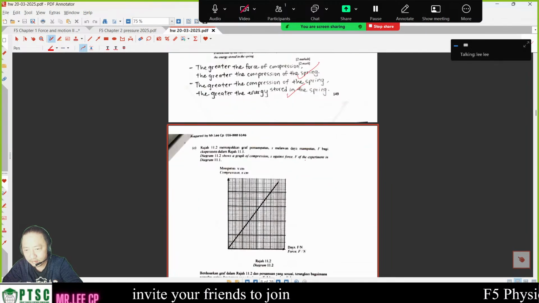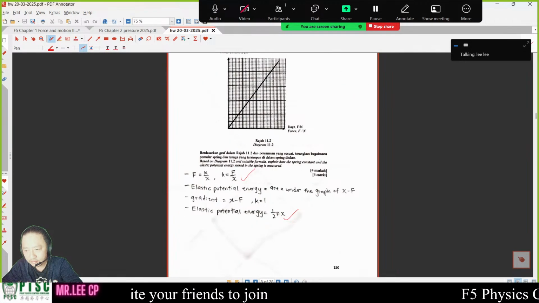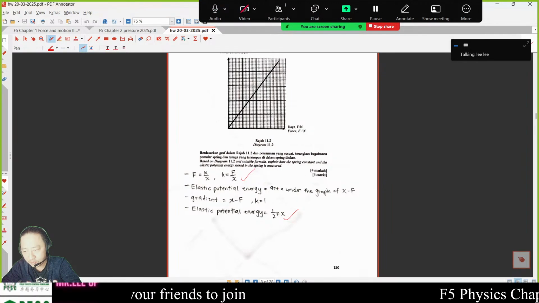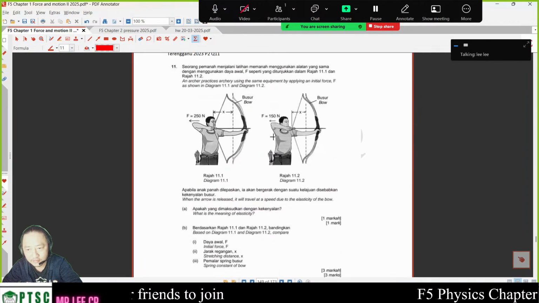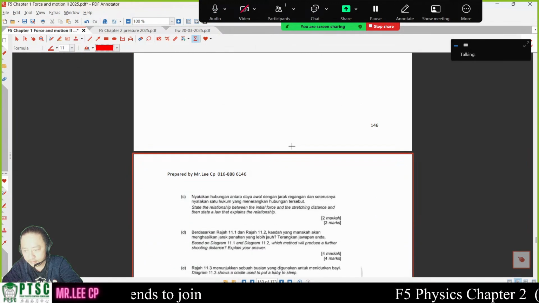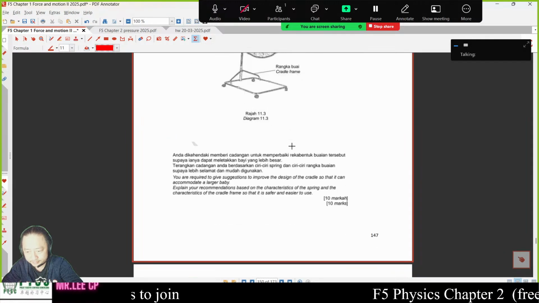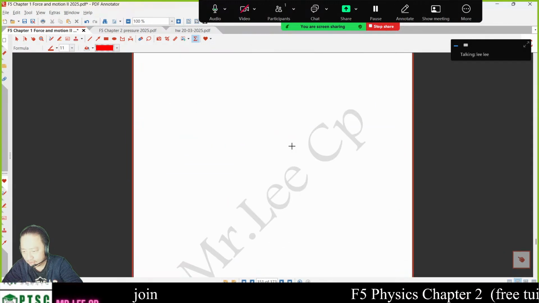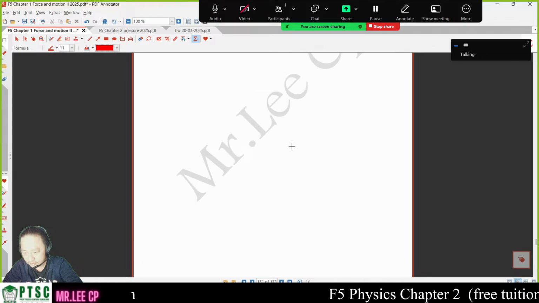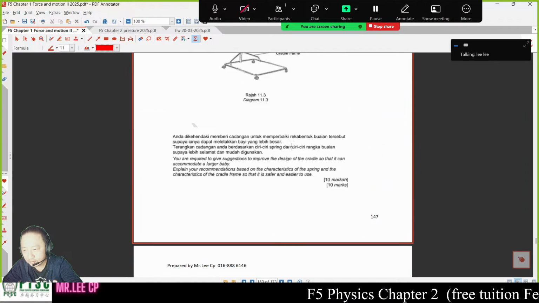Pahang. This part is important. I want to do it within half an hour.